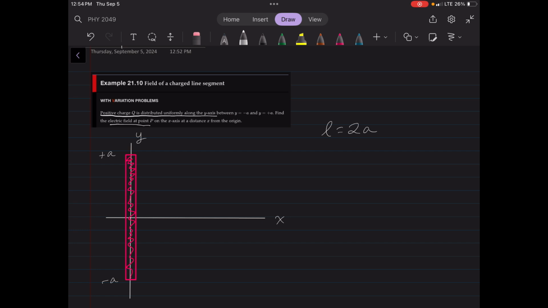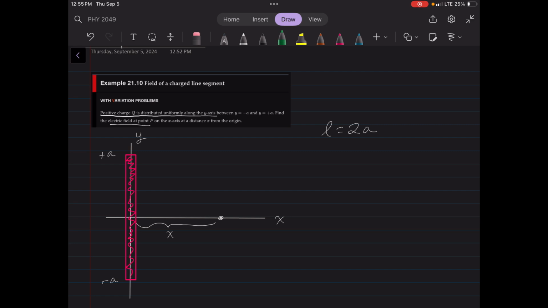The point P where we want to know the electric field is a distance x from the origin, an arbitrary distance x.